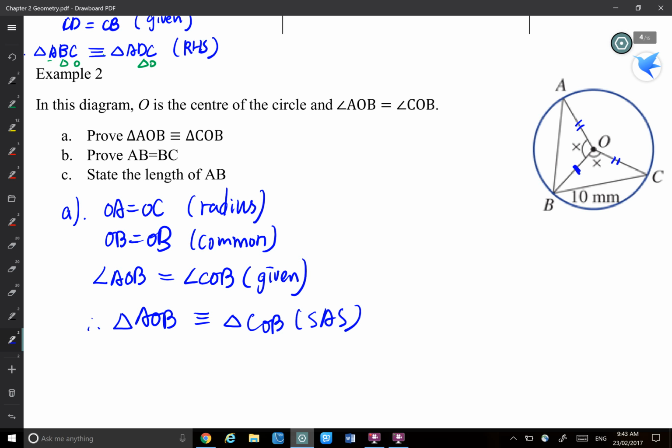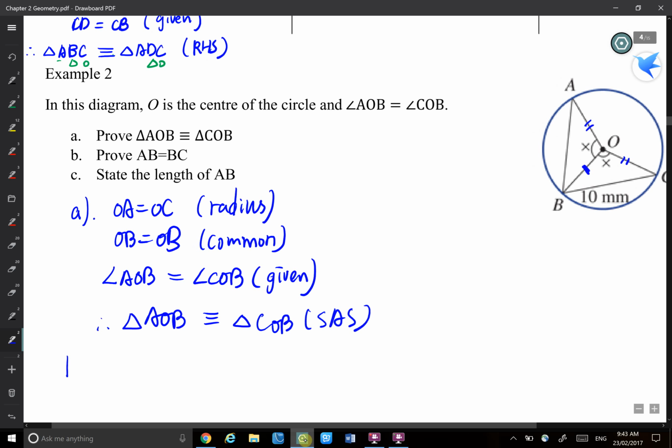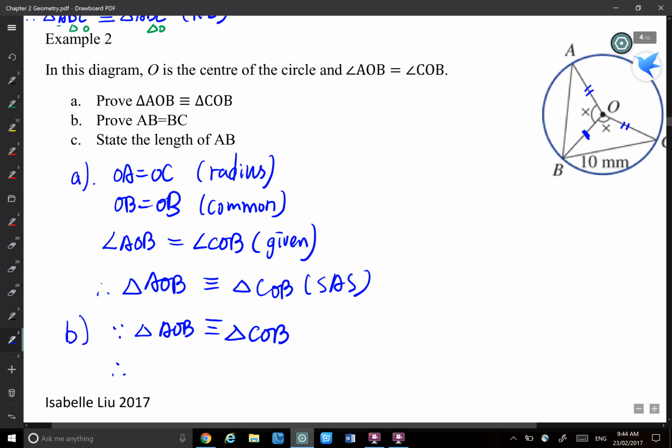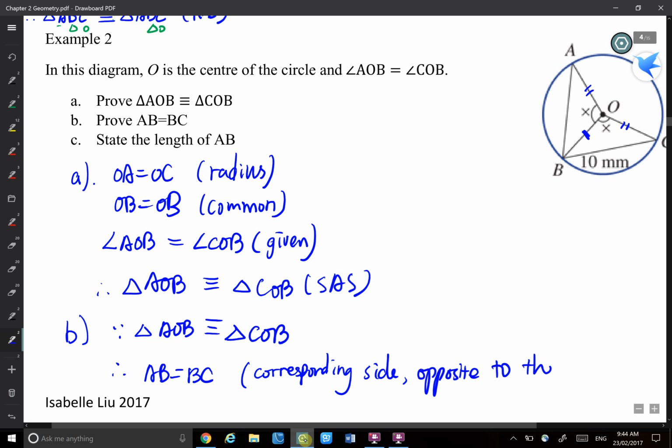Then prove AB equals BC. Part B is easy because triangle AOB is congruent to triangle COB. So AB must equal BC because they are corresponding sides, opposite to this angle.